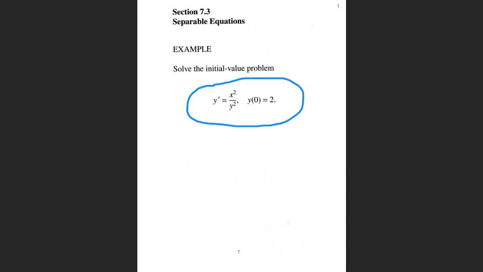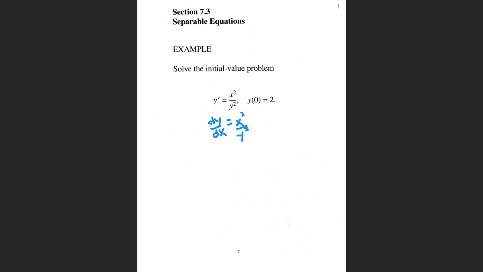And I note that we can also write this differential equation as dy/dx equals x squared over y squared.